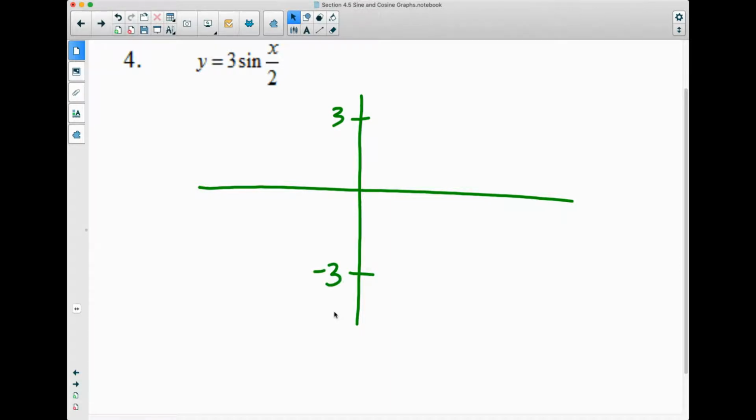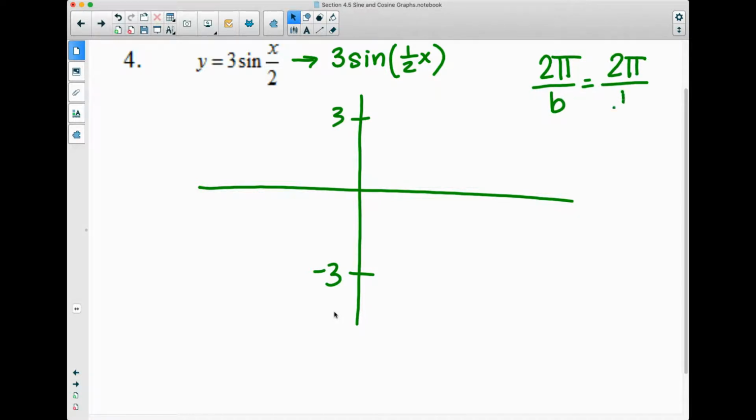Okay, so my b value in this particular case is going to be 1/2. Remember, we can rewrite this as 3 sine of 1/2 times x. They just write it as x over 2. So my b value in this case is 1/2. So if I want to figure out what the period change was, I'm going to do 2 pi over b, which in this case is 2 pi over 1/2.